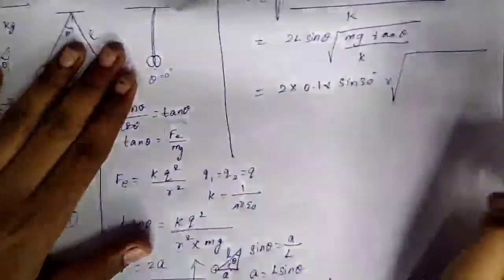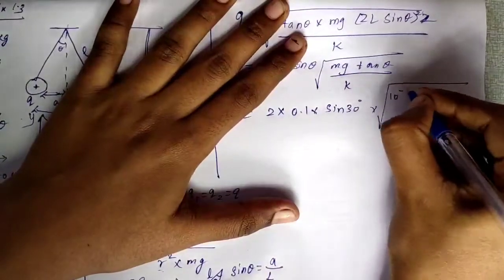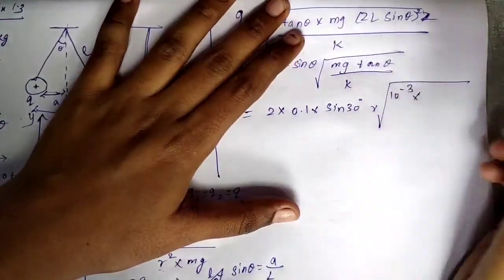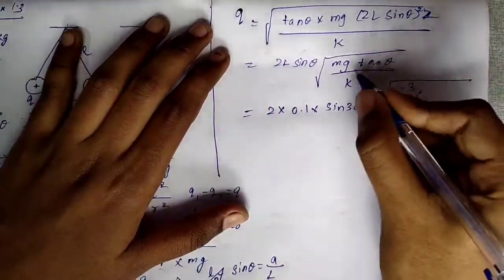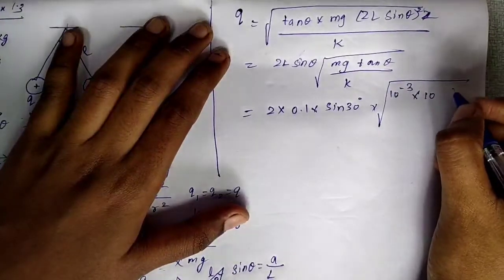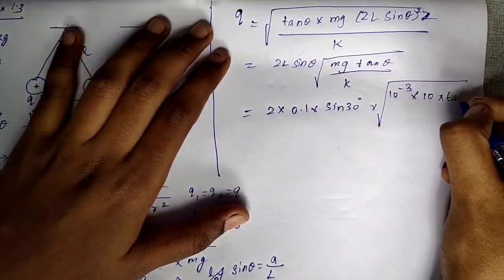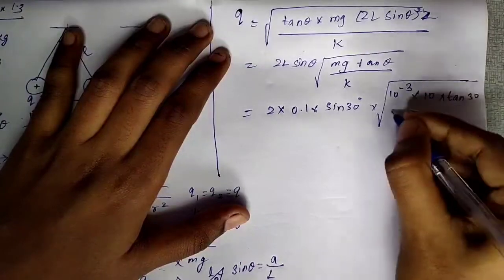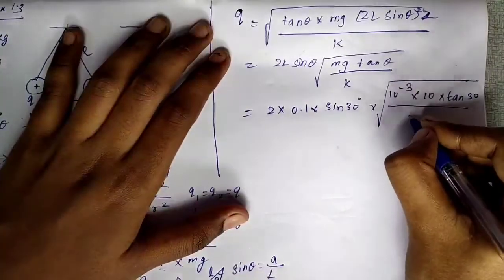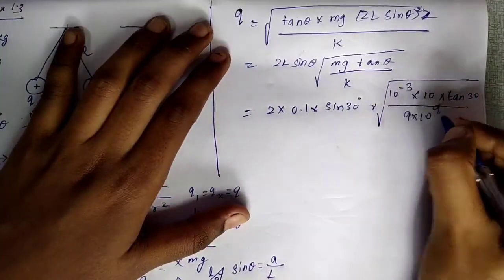So we use 10 power minus 3, into g which is given as 10, into tan 30, divided by K, 9 into 10 power 9.